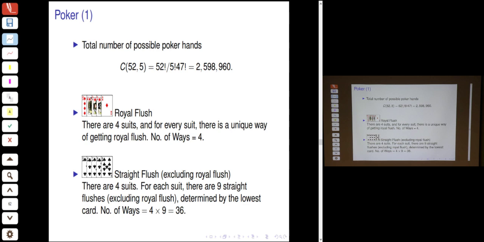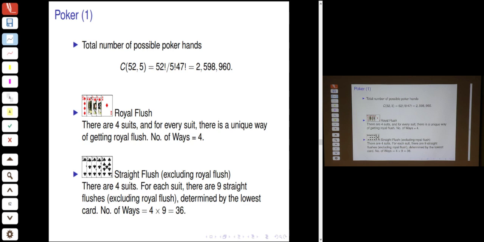For example, if your smallest number is 5, the next one has to be 6. So how many straight flushes is determined by how many ways to choose the smallest number. The smallest number can start from ace and go up to 9, because if it's 10, it belongs to the first category. So there are 9 choices. So it's 4 times 9.